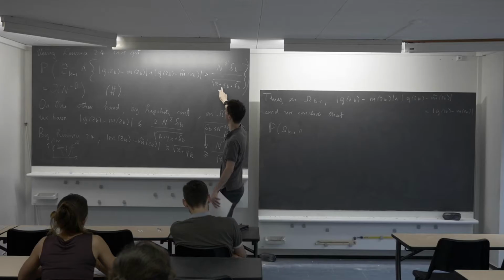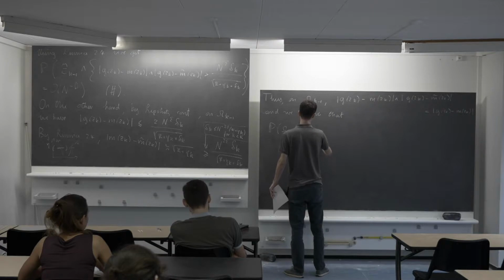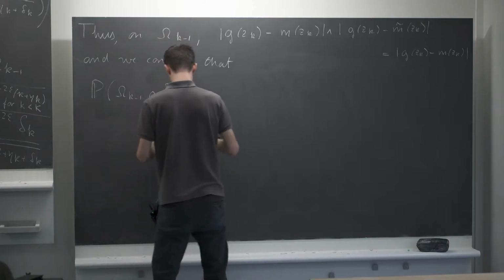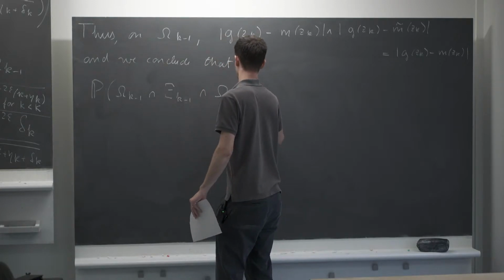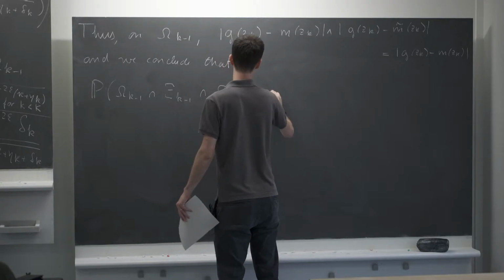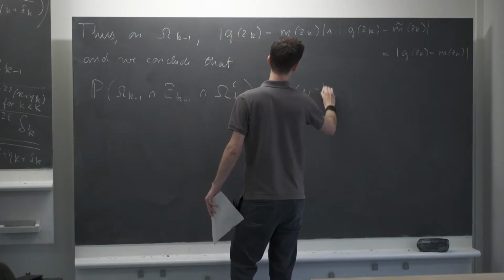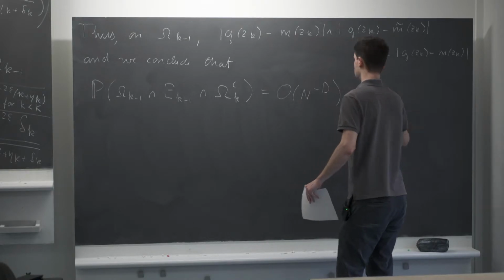This is where we had this estimate. So if we are on omega k minus 1 and on xi k minus 1, then we know that with very high probability we will be on omega k. Let me give this the name star.